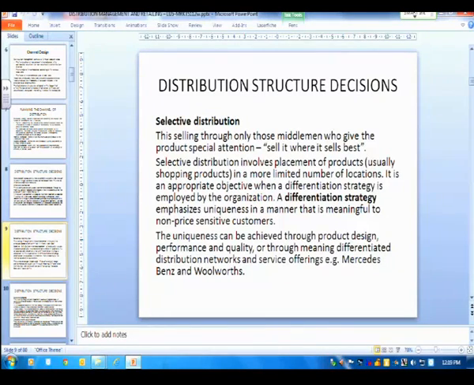All the substitute products do not offer the same attributes as this product. The uniqueness can be achieved through product design, performance and quality, or through differentiated distribution networks and service offerings. For example, Mercedes-Benz and Woolworths.